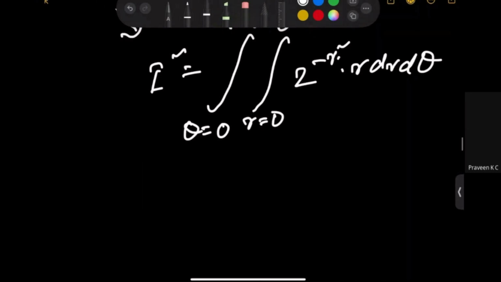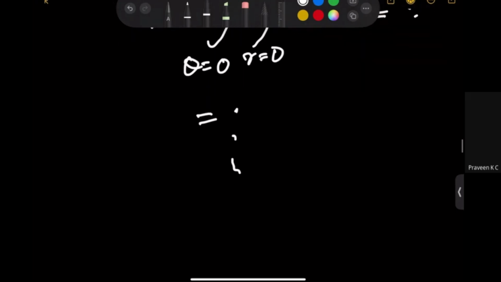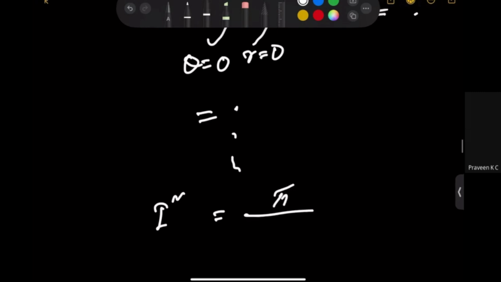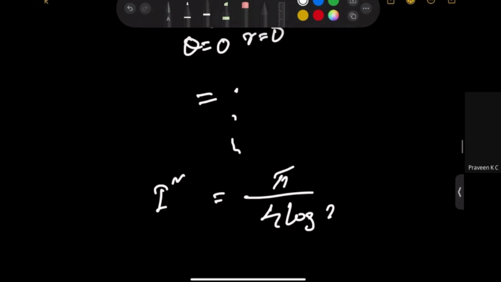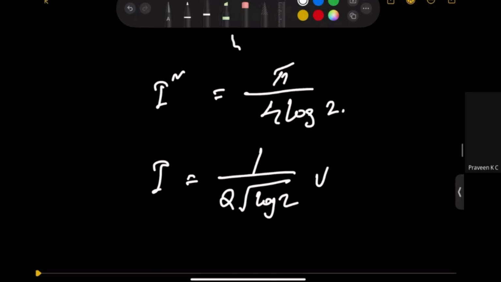So there is r squared, there is r dr. All these things are very easy now. If you compute, I squared will be pi by 4 log 2. Therefore, I is 1 by 2 square root of log 2, times root pi.